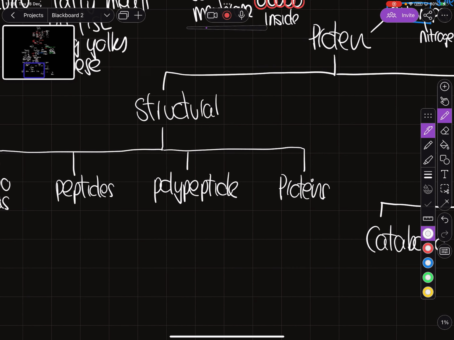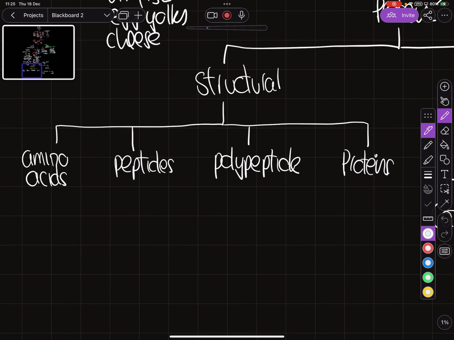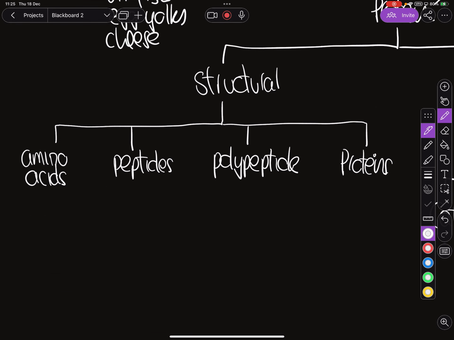In terms of their structure now, we have 4 families of them, and you can see the last one of the families is proteins. So again, this is on the basis of shapes for yourself. So amino acids, these are like the building blocks for protein. There are 20 what we call naturally occurring amino acids.